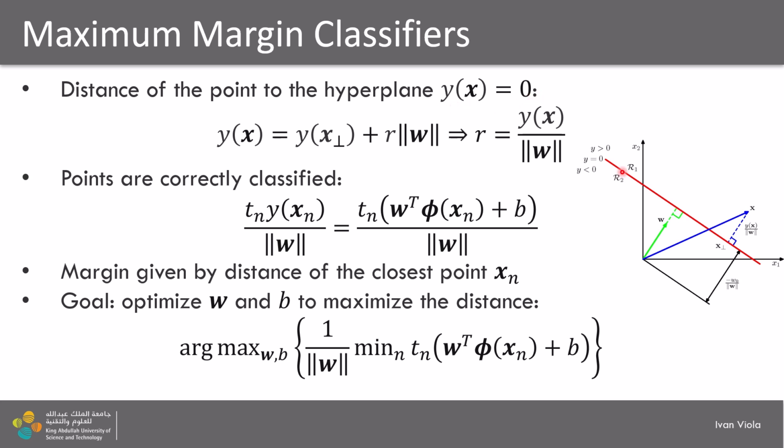That means we have a function which is equal to 0, and everything smaller than 0 will be one region, everything higher than 0 will be another region.